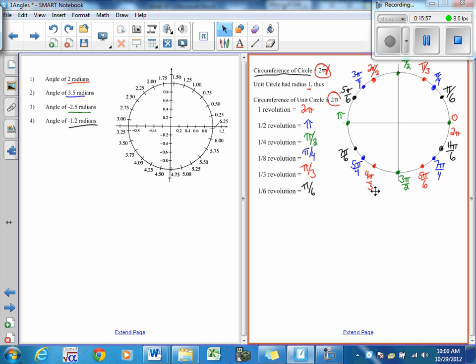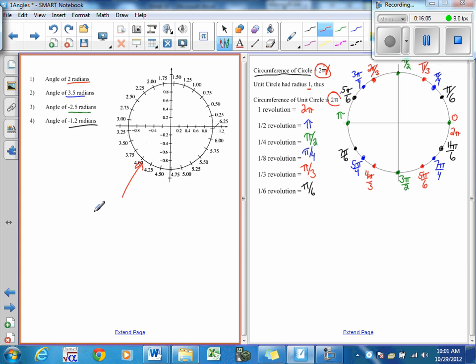Divide by 3 is about 4, and you can see right here is about 4, which is about 4 pi over 3. So you can see how these are connected. That will be helpful as we go forward on the next couple of problems.